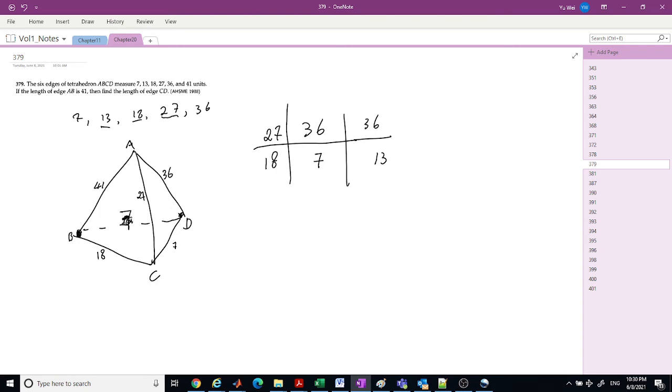So this one must be 7, right? And this one is 13. So this plus this greater than this, right? And this plus this greater than 41. 13 plus 7 is greater than 18, so this one works. So in this case, CD equals 13. Okay, we do some logic reasoning here.